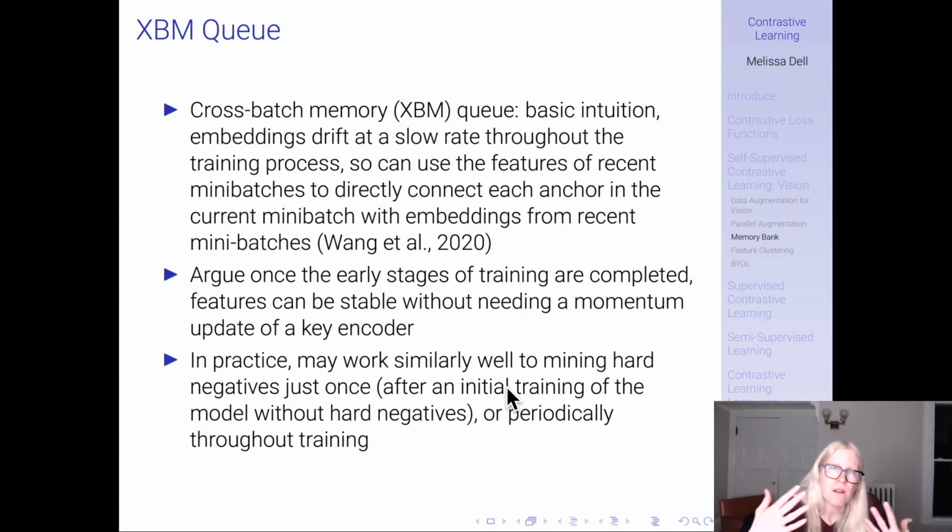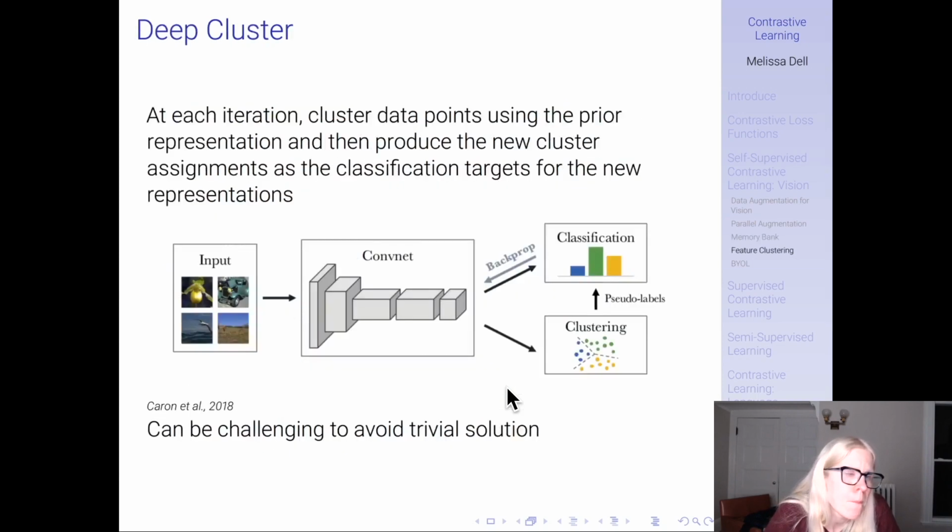And so there are different ways potentially to mine hard negatives, but in general they are important to the performance of contrastive learning, and if you just sample random negatives, that's unlikely to be sufficiently informative given that you're not able to run this over some kind of massive TPU.